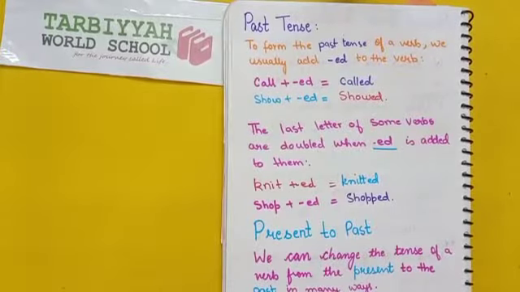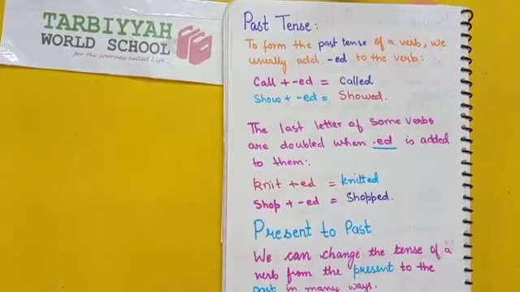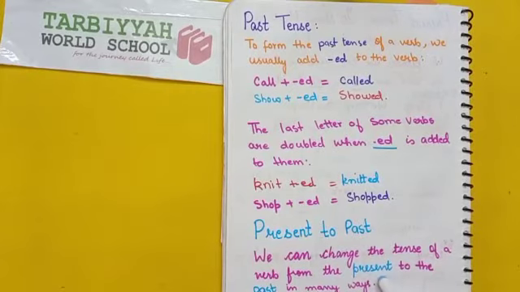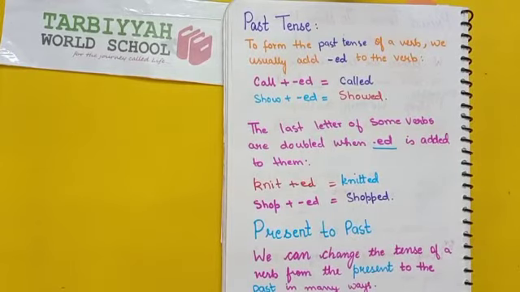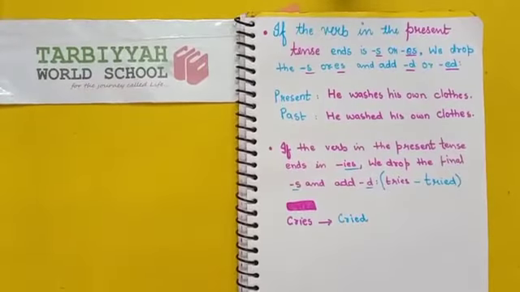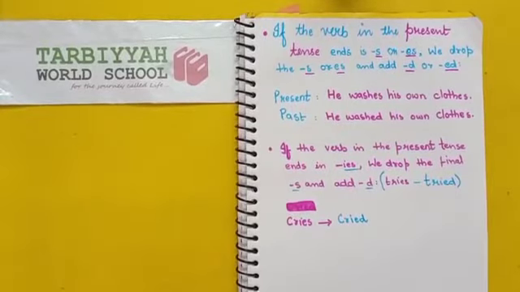Now see how to change present to past tense. We can change the tense of a verb from the present to the past in many ways. The following are some of the ways in which this can be done.